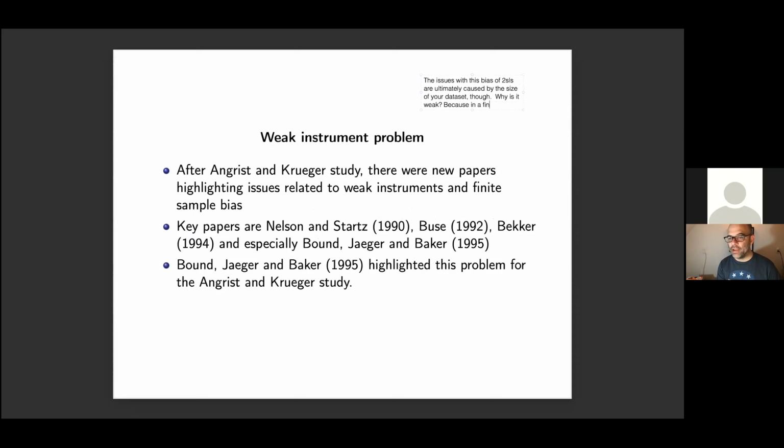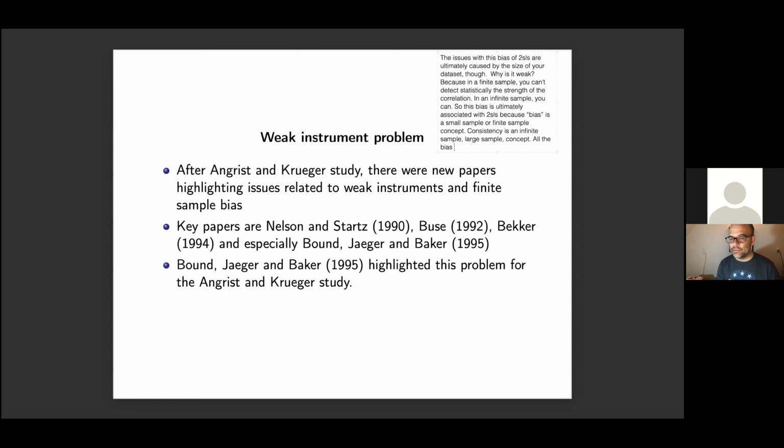Because in a finite sample, you can't detect statistically the strength of the correlation. In an infinite sample, you can. So this bias is associated with two-stage least squares because bias is a small sample or finite sample concept. Consistency is a large sample concept.